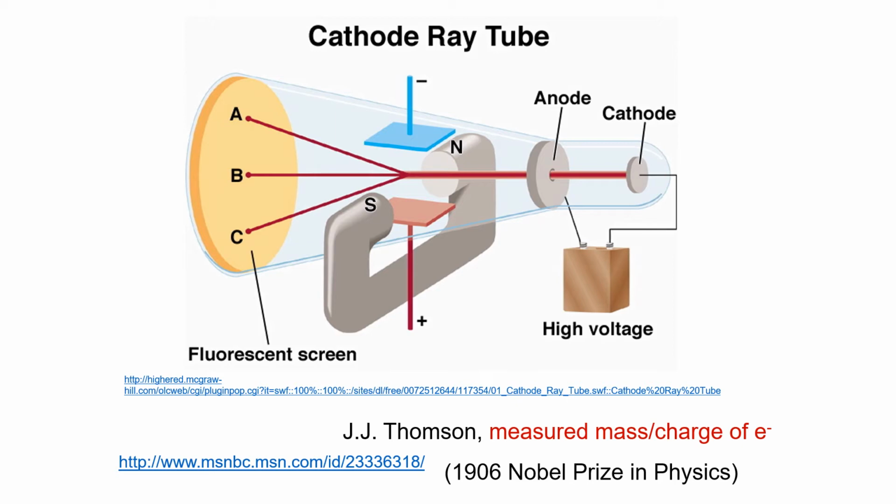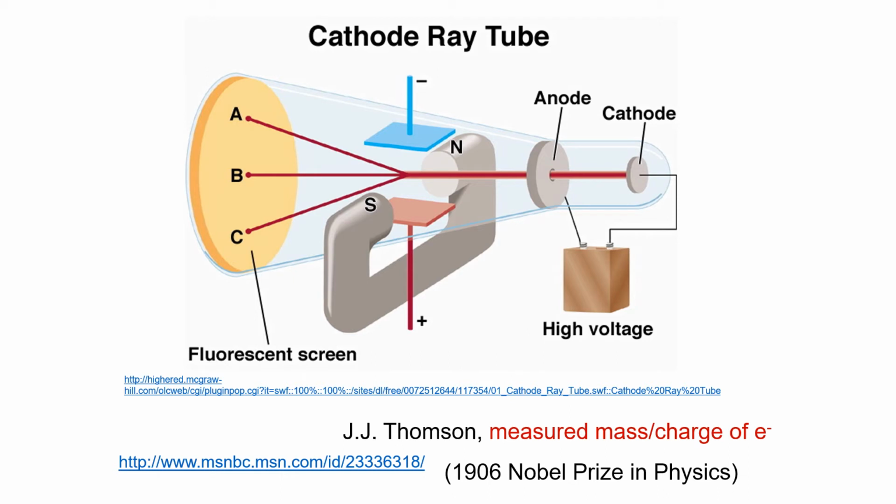So the cathode emits an invisible ray that's drawn to this positively charged plate, where it continues to pass through a hole to the other end of the tube. And then we have this fluorescent screen here. That ray then strikes this specially coated surface and produces a bright light.